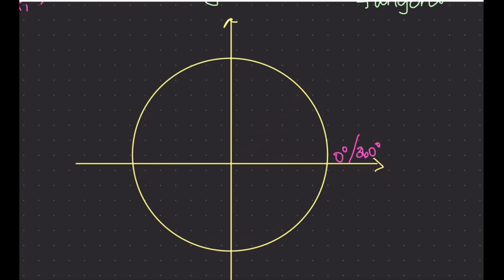So if going all the way around is 360 degrees, how far would it be from here to here? 180 degrees. Yep. How far do you think it would be from here to here? 90 degrees. Yep. And if you were to draw out that angle, here's that initial side, here's that terminal side.